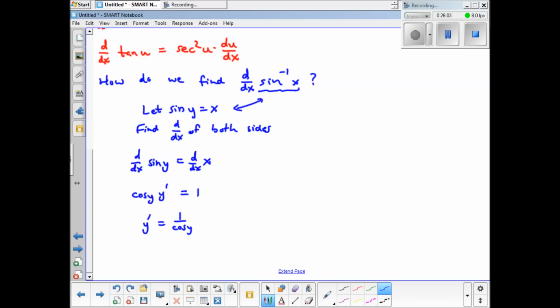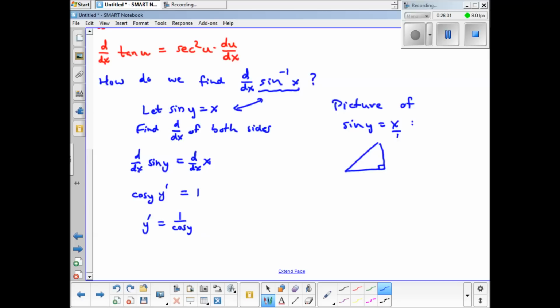Okay, now it'd be nice to have our answer in terms of x, and if we do try to arrange that, we find something very interesting happens. Let's draw a picture of sine y equals x. What does that look like? Let's draw a diagram of that.